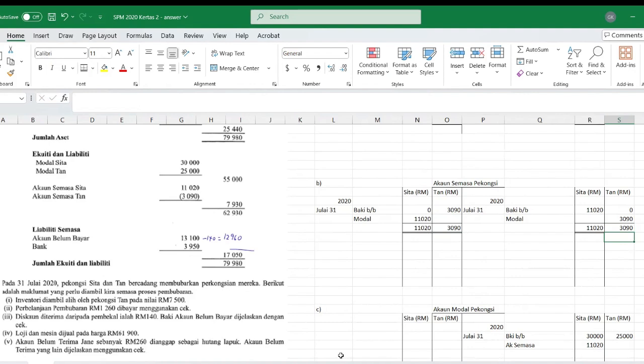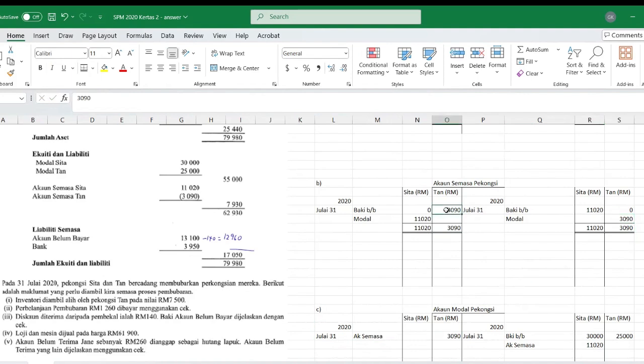Right? So this reduces TAN's account modal by 3,090. Okay, so this is a double entry for account modal TAN.